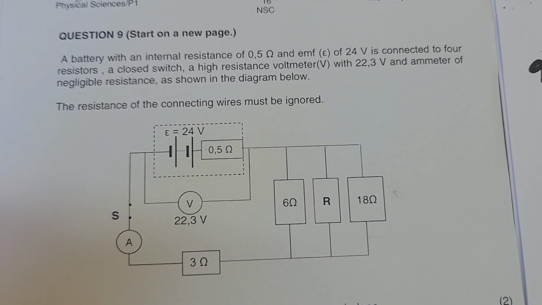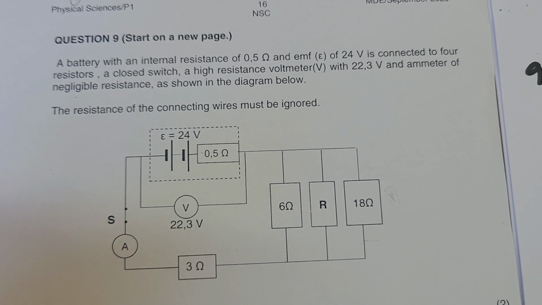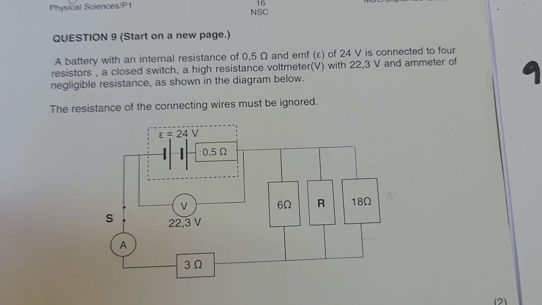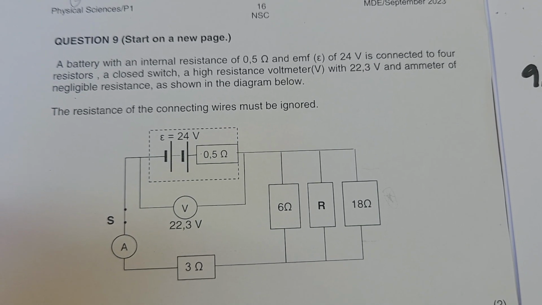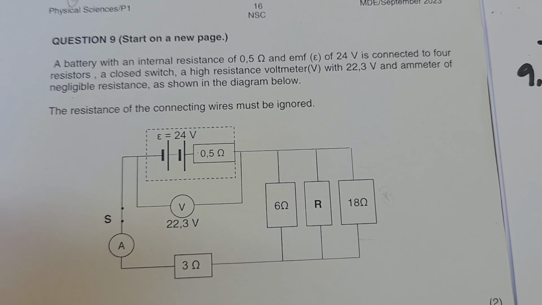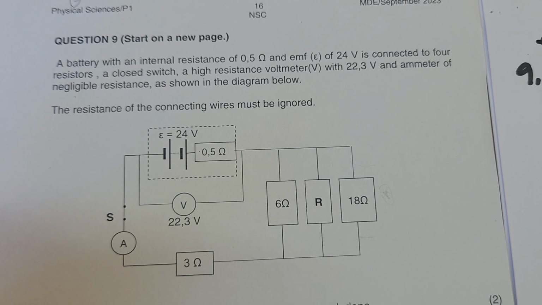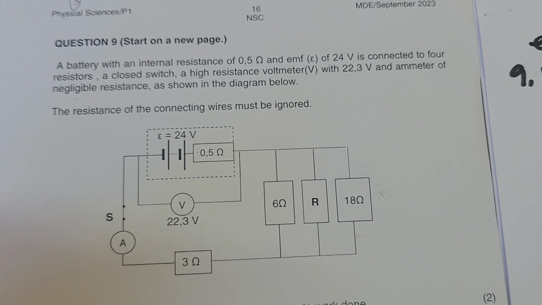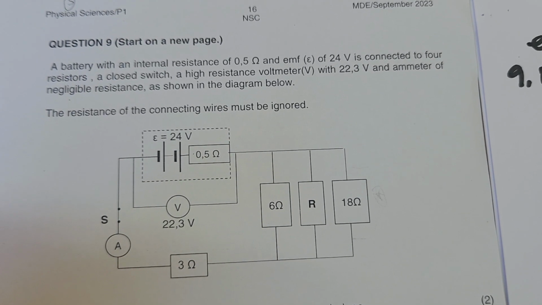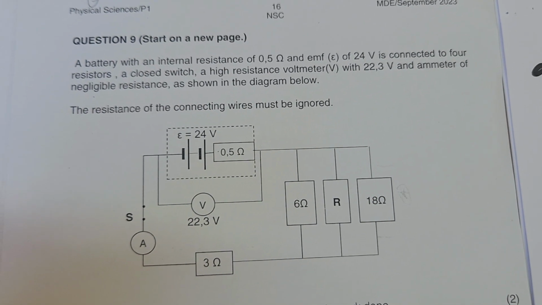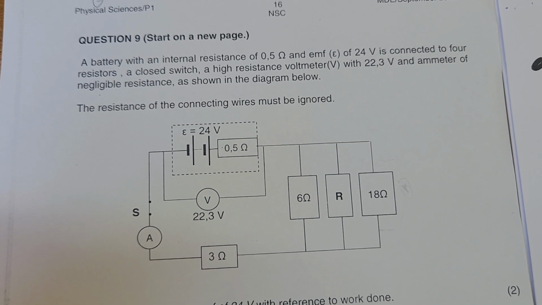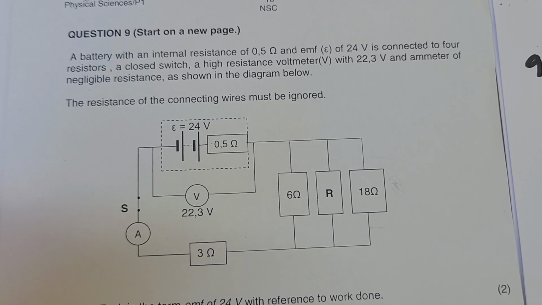A closed switch, a high resistance voltmeter reading 22.3 volts, an ammeter of negligible resistance as shown in the diagram below. Remember, the voltmeter will read 22.3 when the current is flowing, when the switch S is closed. The resistance of the connecting wires must be ignored.